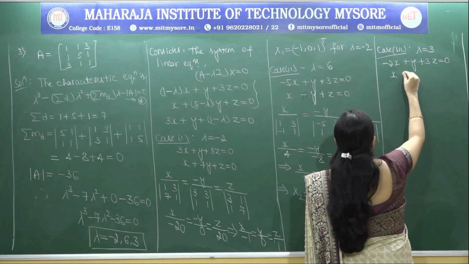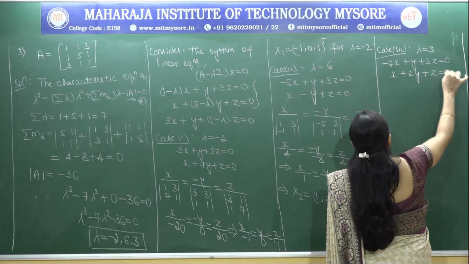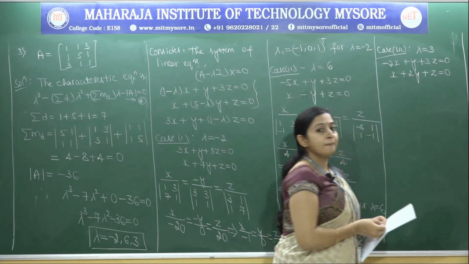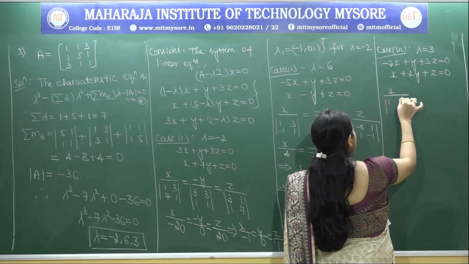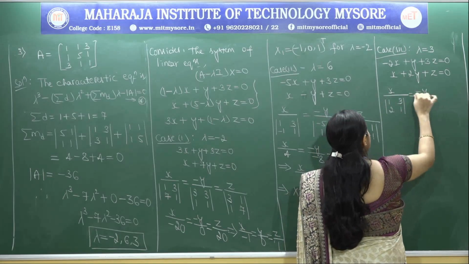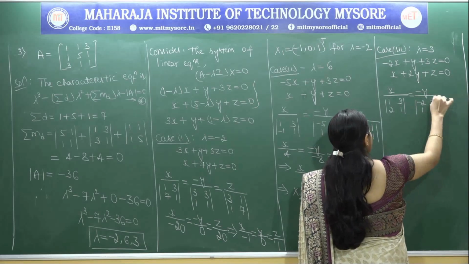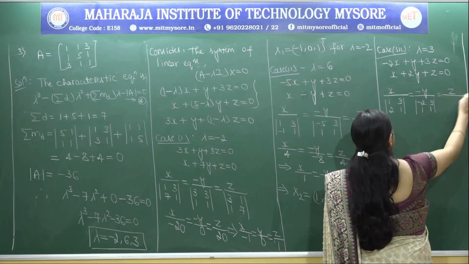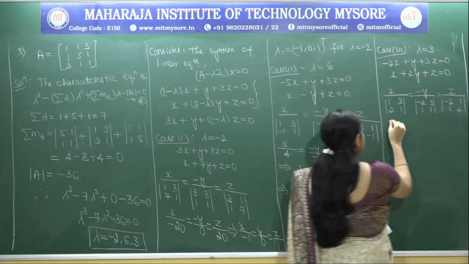Next, 5 minus 3 is 2y plus z equals 0. So using the cross multiplication, first one, 1, 3, 2 and 1. Second one, it is minus 2, 3, 1 and 1. Third one, minus 2, 1, 1 and 2.